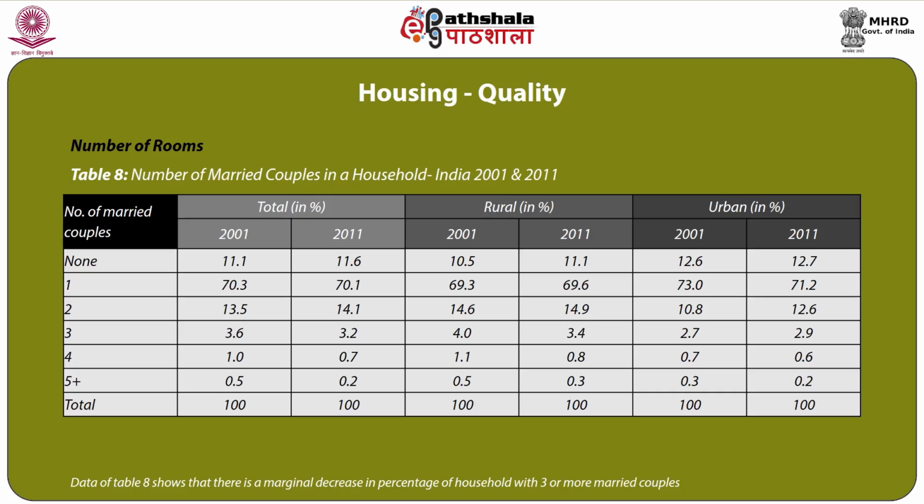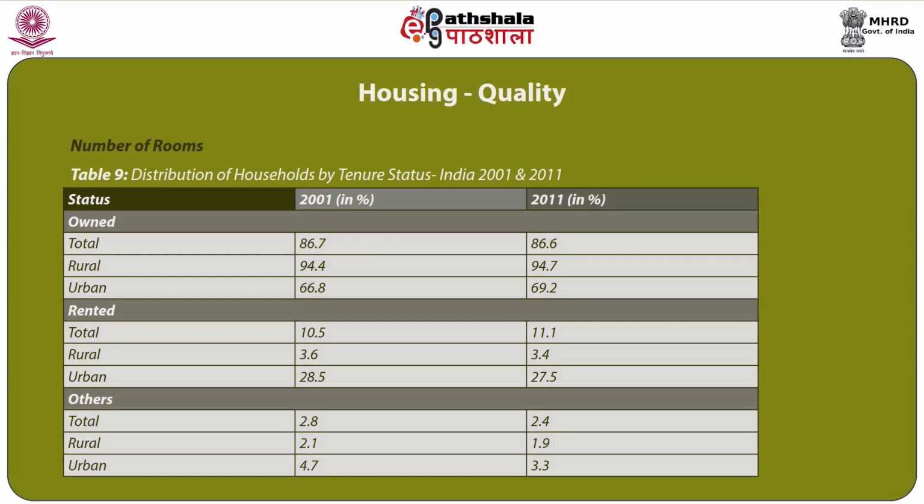Overall, data of table 8 shows that there is a marginal decrease in percentage of households with 3 or more married couples.